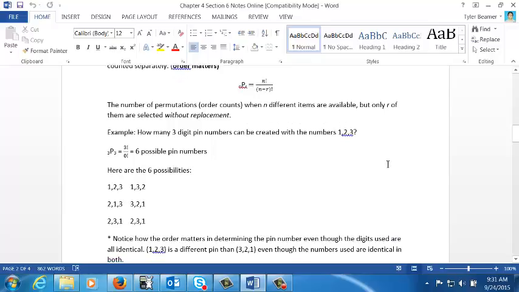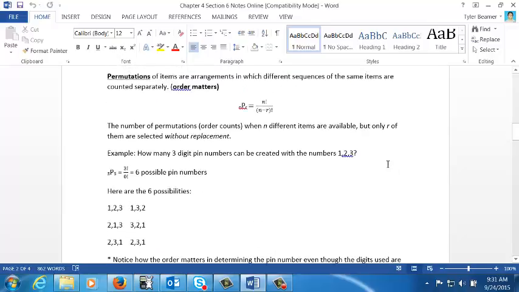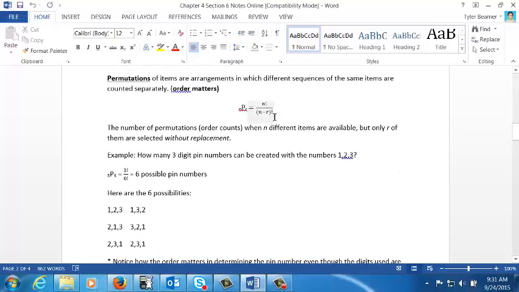And we could use our calculator to find permutations. You do have your mathematical definition of permutations, where n is the number of items, r is the number that you're choosing, and this is without replacement.